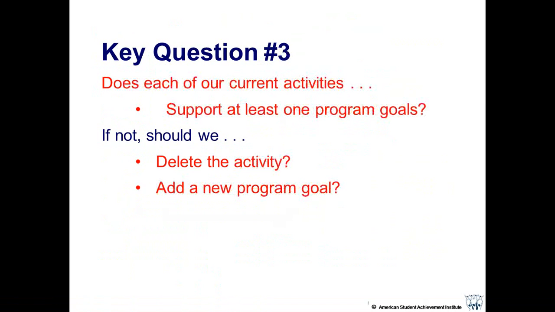And then finally, does each of our school counseling activities support at least one of our program goals? So if you're still coming up with an activity after you've done all of your work that doesn't support a program goal, then we're asking the advisory council, do we need to get rid of the activity, or is there a goal that we should be adding?